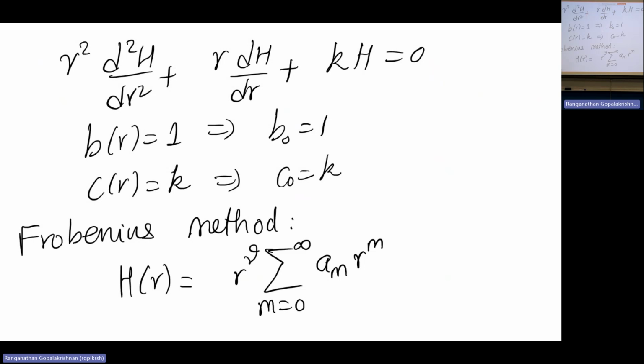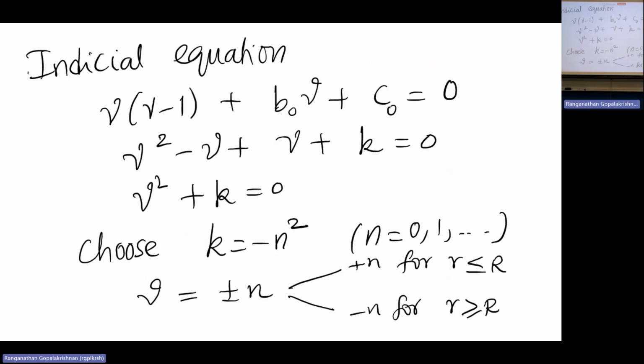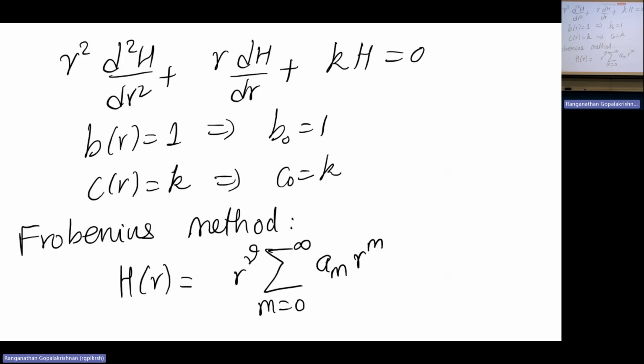And last time, the question came up, how do we select values for this k? Is there a magic rule to this? Okay. So when I set up this equation using the Frobenius method, I start with a general idea that the solution is of the form r power nu, where nu is to be determined, multiplied by an infinite series a_m r power m, which is the solution to that ODE.